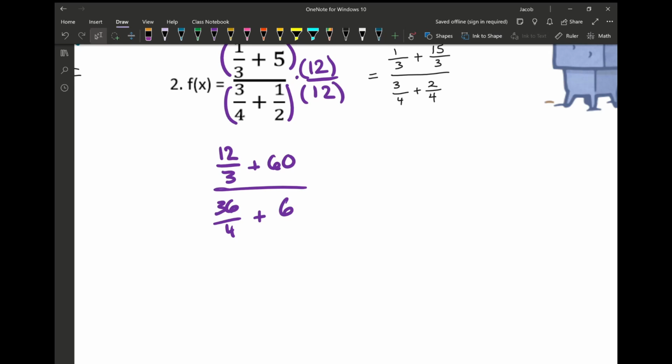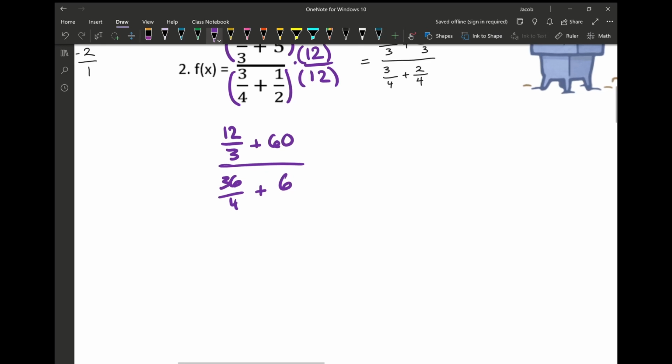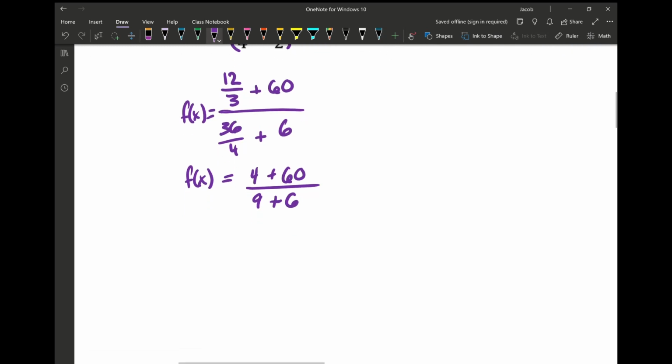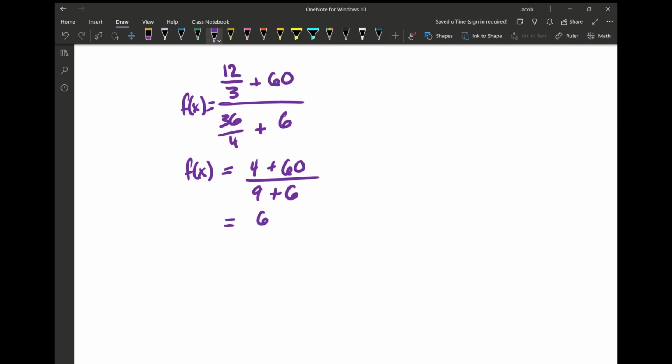Because we chose 12, we can divide 12 by 3 and 36 by 4 in this other complex fraction. So our function will end up looking like 4 plus 60 over 9 plus 6, which now we can do some simple addition and get 64 over 15, which can't be simplified further.